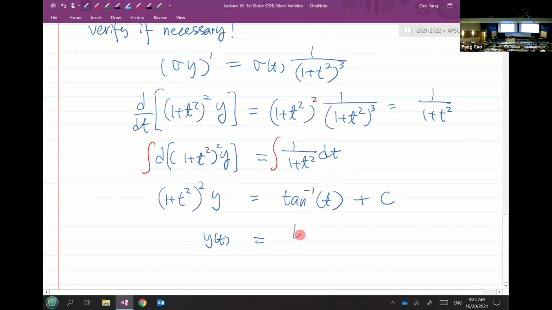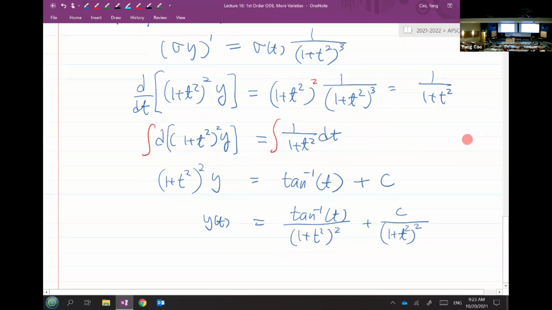So we get tan inverse t over 1 plus t squared, and then c over 1 plus t squared. That is the expression for y. And the constant c's value can be determined by the initial condition. Initial condition is y of 0 equal to 1.